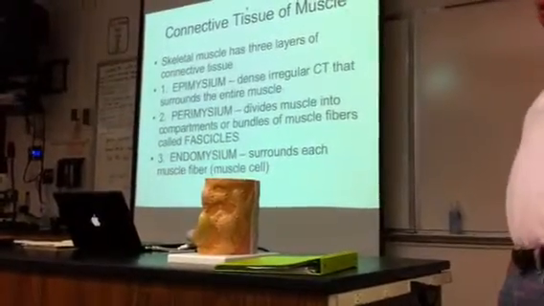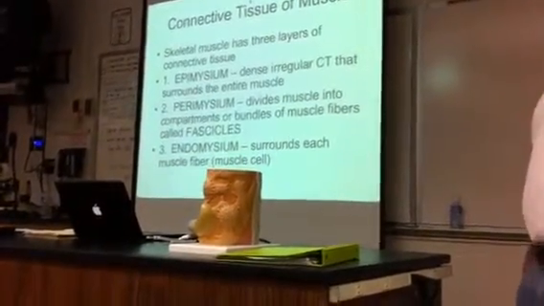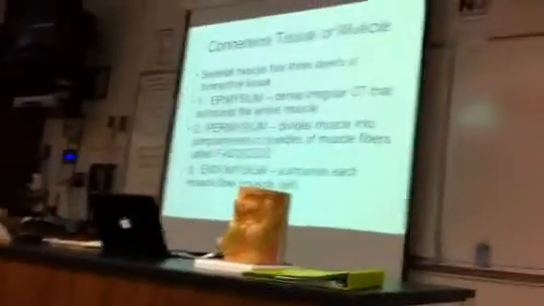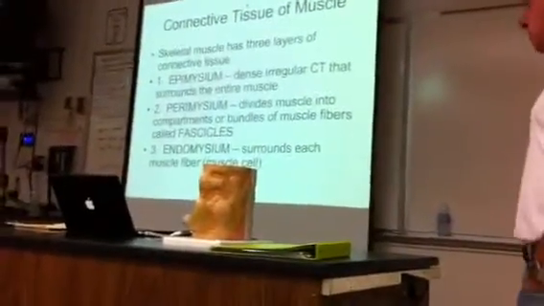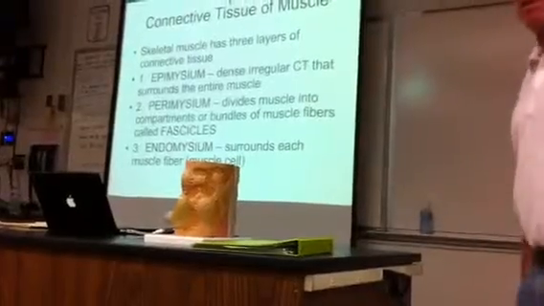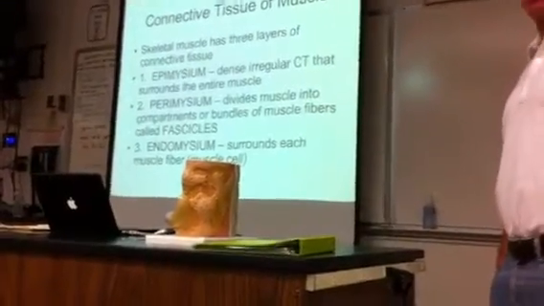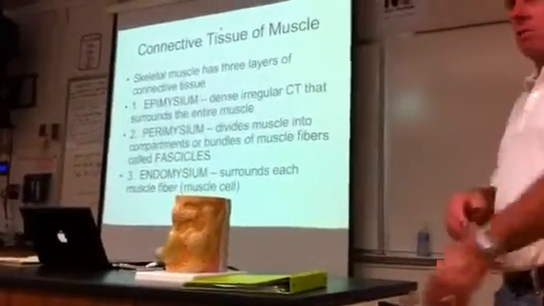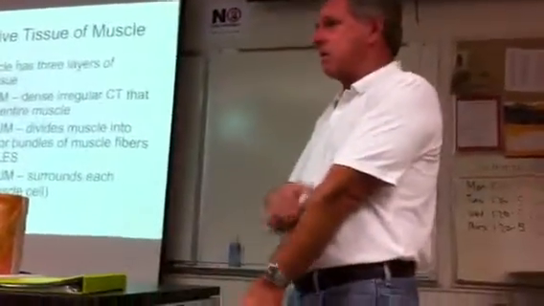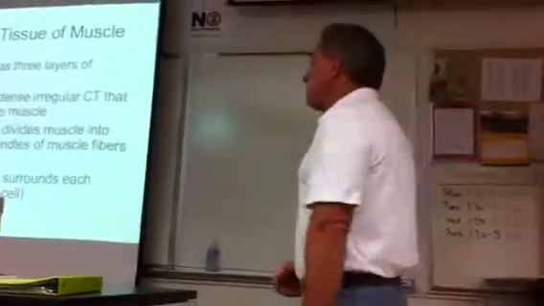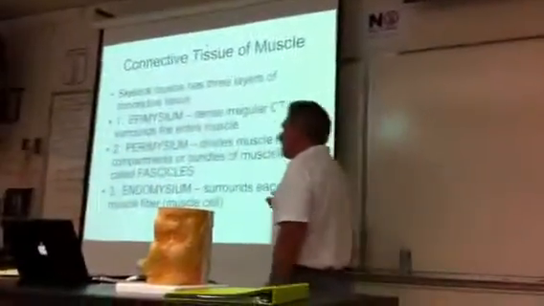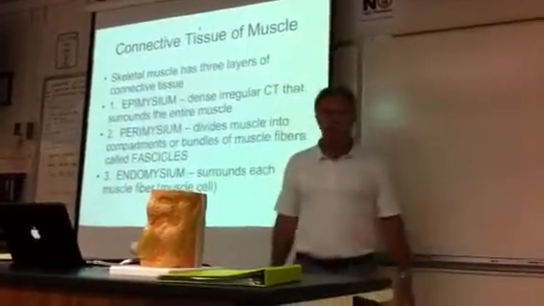Around each muscle fiber, and I want you to make sure you understand this because I will do this all the time: muscle fiber, muscle cell, exactly the same thing. Whatever I call it, if I say muscle fiber, yes, it's the same as a cell, and vice versa. Around the individual muscle fiber is the innermost layer, the endomysium.